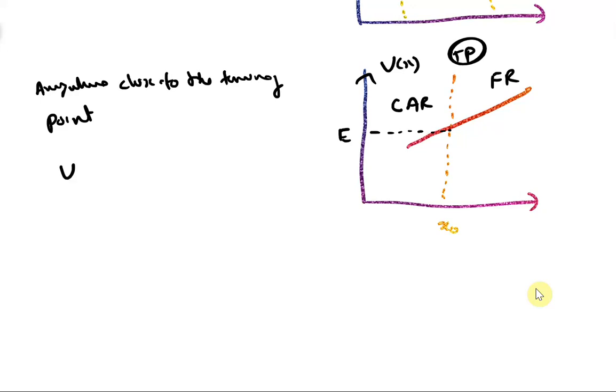How do I write the expression for V of x? It's a straight line, so let me take this as an axis here. I need the y-intercept and a slope to specify that equation. At x naught I know what the value is going to be here.